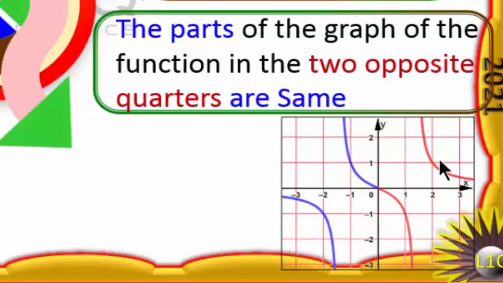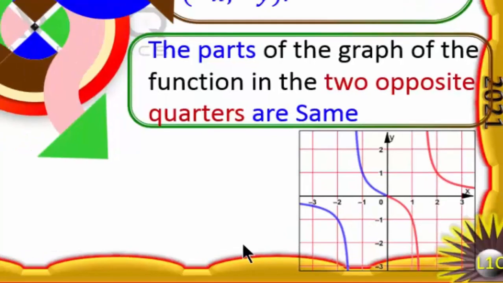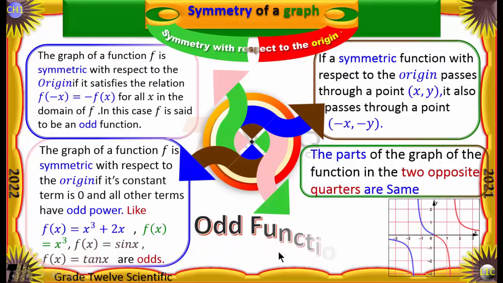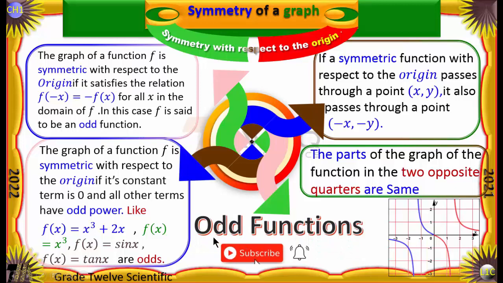That means the graph will be the same in opposite quadrants. These kinds of functions are called odd functions.